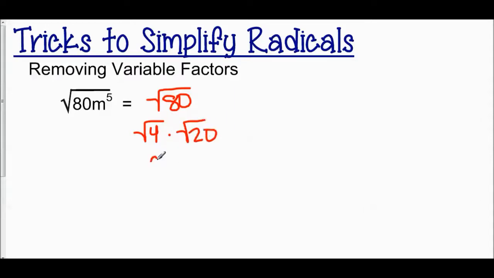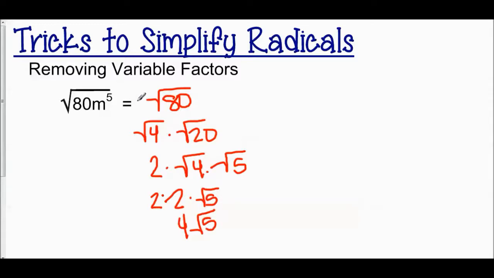Square root of 4 is 2. Then the square root of 20 can be broken down into the square root of 4 times the square root of 5. The square root of 4 is 2, so that's going to be 2 times 2 times the square root of 5. So I have 4 times the square root of 5.